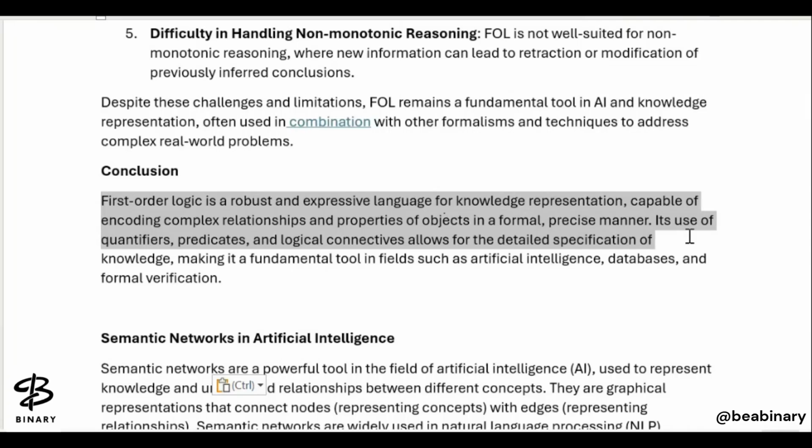It uses quantifiers, predicates, and logical connectives that allow for the detailed specification of knowledge, making it a fundamental tool in fields such as artificial intelligence, databases, and formal verification. So this is your predicate logic.